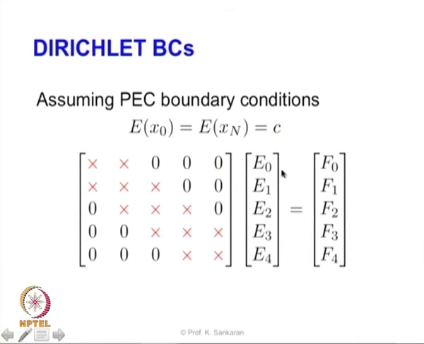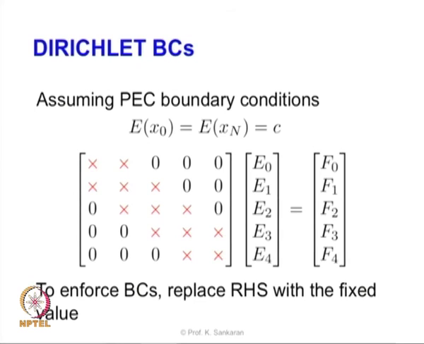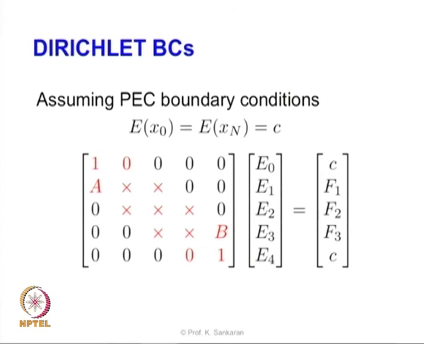So we know the value of E naught and E of n equal to 4 will be equal to C. So that is what we are doing here. We have substituted the value on the right hand side as C, and similarly we have changed the values of E naught and E4, because this matrix will give the value of E.